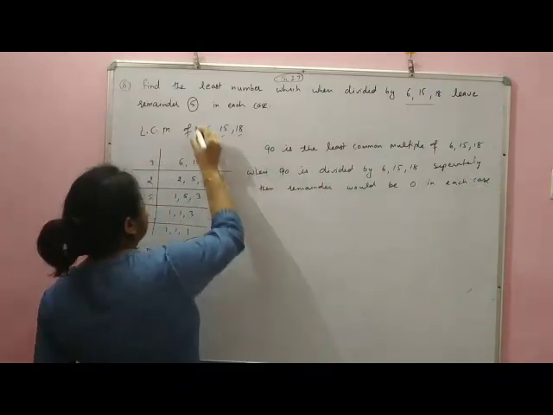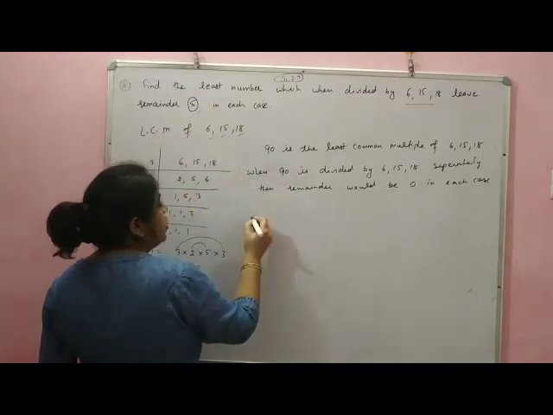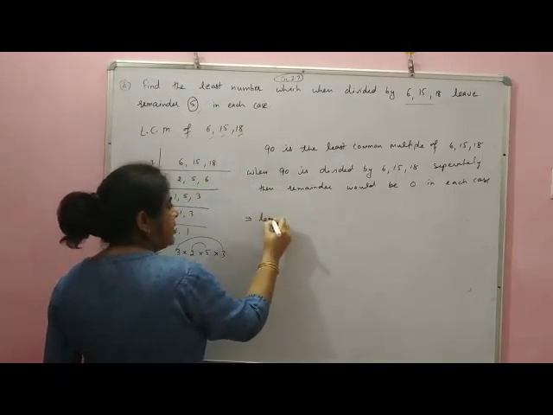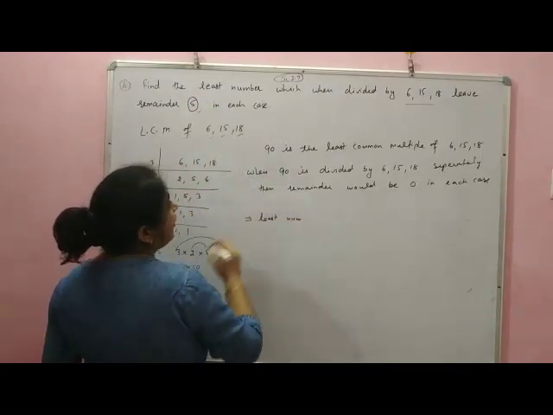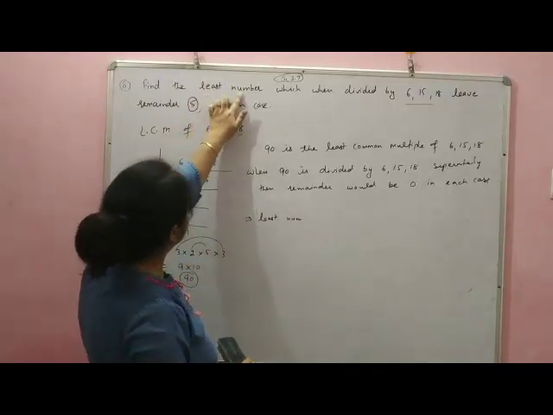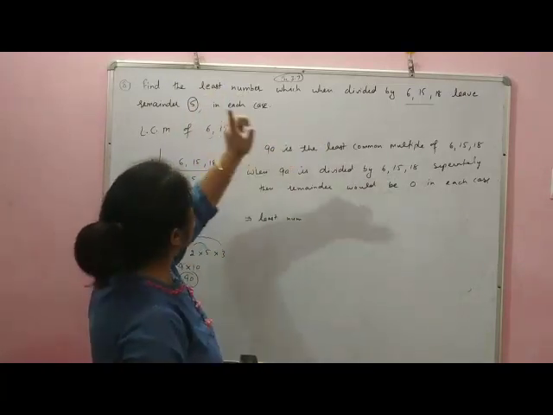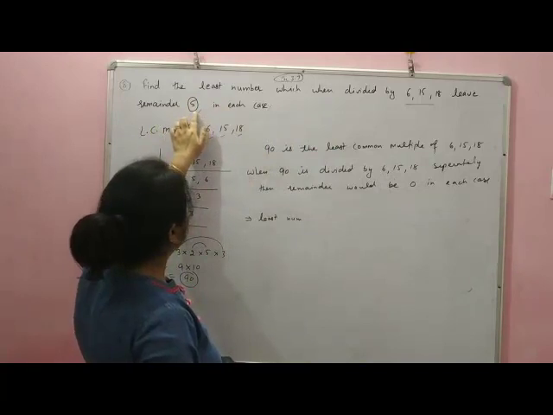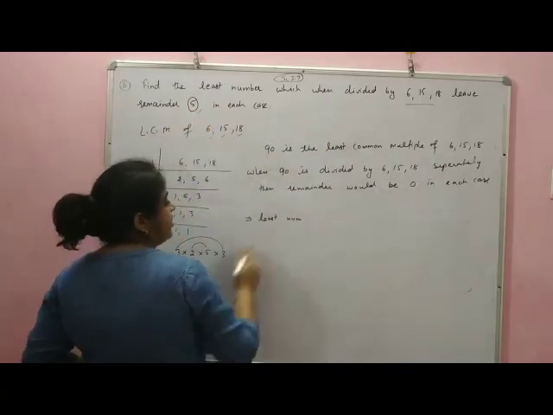But we want the remainder 5 in each case. So that means, what do we have to find? We have to find the least number which when divided by all three numbers gives you remainder 5 in each case.